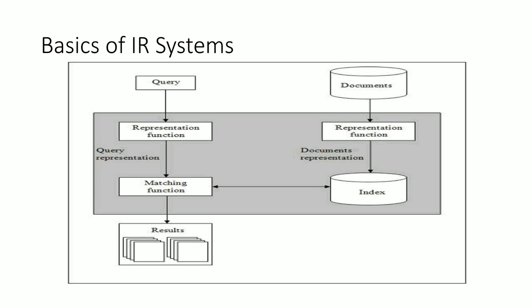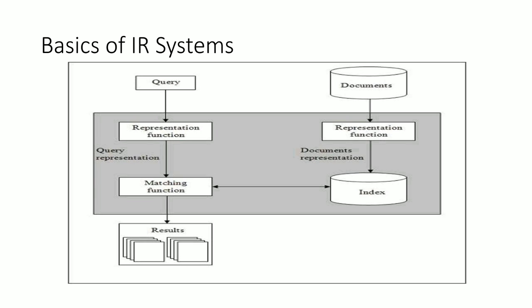The basics of the IR system are described here. You can see at the left side there is a query. A representation function can be used to represent that particular query. Then the matching function searches the index from the index table, and that will be represented with the relevant documents, which will be retrieved from the documents.